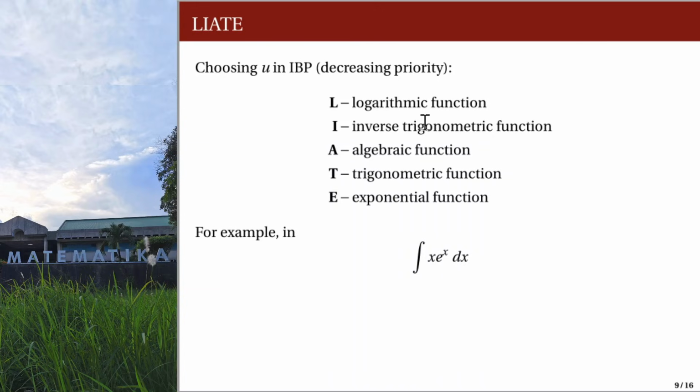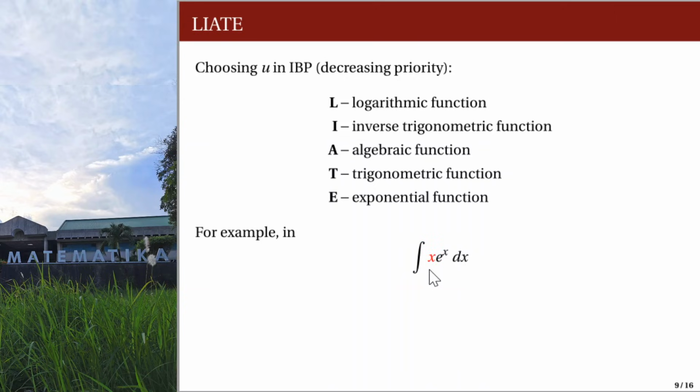Okay? So, ano yung ibig sabihin ng decreasing priority? It means that the higher you are in this list, then the higher your priority is in becoming the u. Okay? So, kunwari dito, ang naglalaban ay algebraic versus exponential. Sino yung mas mataas sa listahan? It is algebraic. So, therefore, yung u, ang pipiliin natin ay yung algebraic function which is x. Okay?